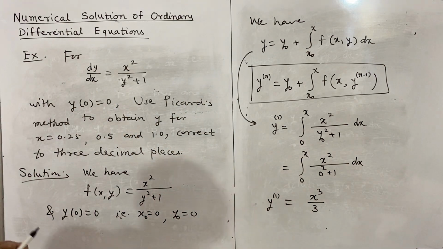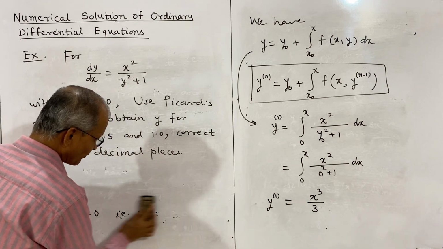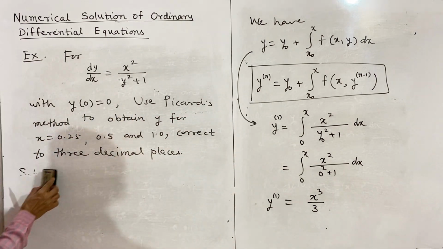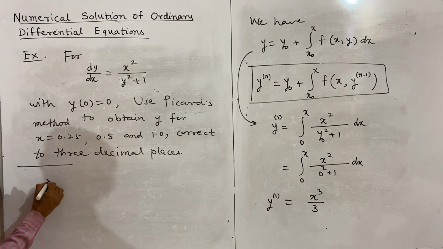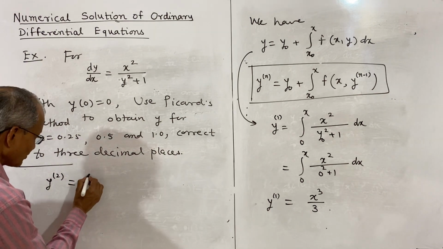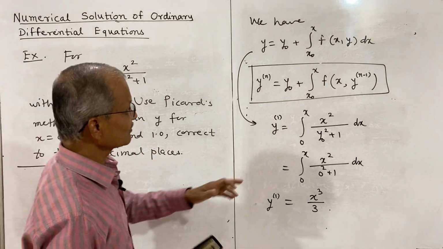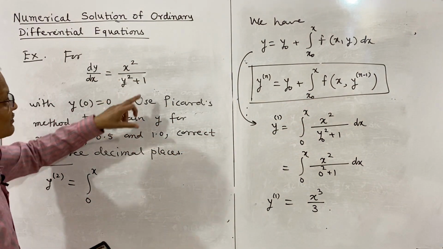Now what about the second approximation? For the second approximation we should use this formula. Next, what is y2? y2 is equal to integral 0 to x of f of x, y, which is x square divided by y square plus 1.